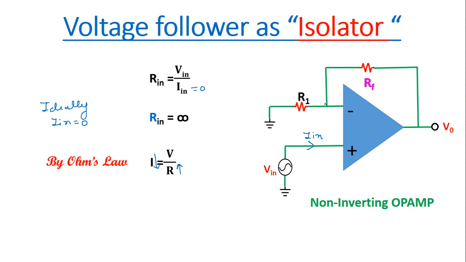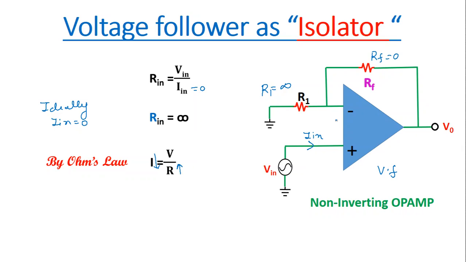I have already explained in earlier classes that when in this non-inverting operational amplifier we take resistance R1 equal to infinite and the feedback resistance RF equal to 0, then this circuit turns into a voltage follower circuit.